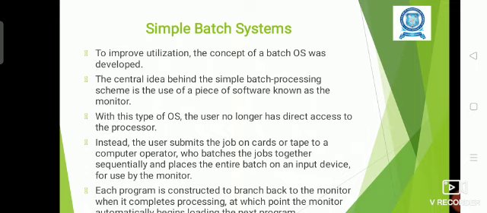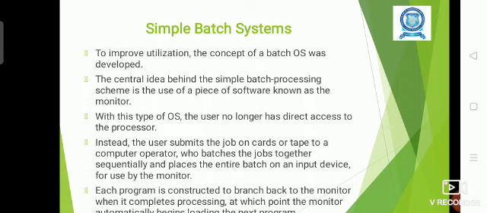With the help of this particular OS, the monitor OS, the user no longer has direct access to the processor. Instead, the user has to submit their job to the computer operator on some sort of input device. The computer operator groups the jobs together into batches and places the batch of jobs into the input device, and that will be processed by the monitor.